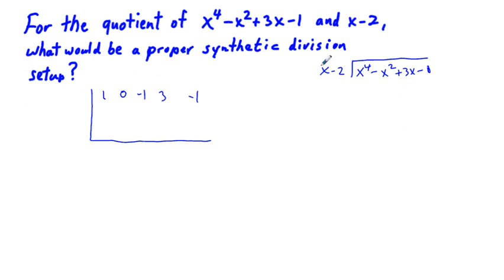And lastly, we have to put the 0 of the divisor here, so we take x minus 2 and set that equal to 0. Our related 0 is going to be x equals 2. So if we put 2 out here, this would be our proper synthetic division setup. And that would be our answer to this problem.